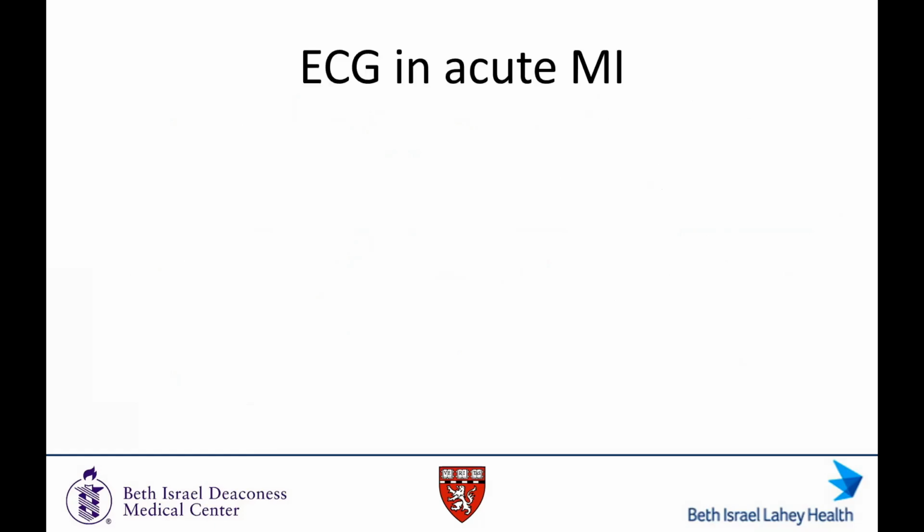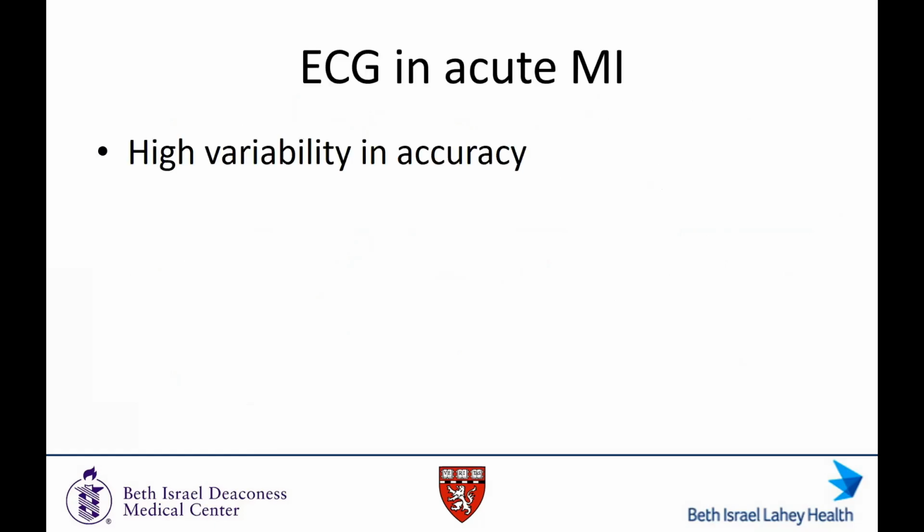Now just the role of the EKG in an acute MI. Just to point out, there's a lot of variability, inter-rater dependency. Of course, you get better with diagnosis with time and experience. And of course, everyone has unique anatomy, orientation of the heart, lead placement.